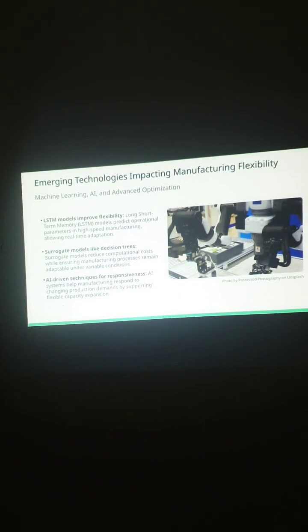LSTM model predicts operational parameters in high-speed manufacturing, allowing real-time adaptation. Surrogate models like decision tree reduce computational cost while ensuring the manufacturing process remains adaptable under variable condition. And AI-driven technique for responsive AI system helps manufacturing respond to changing production demand by supporting flexible capacity extension.